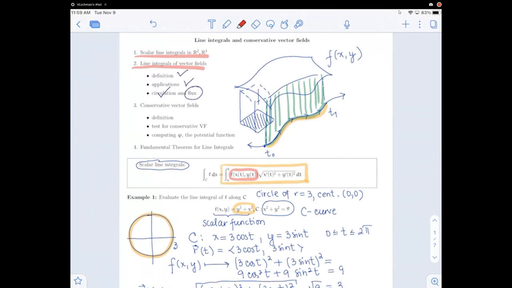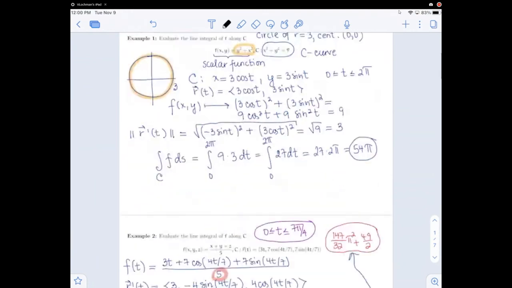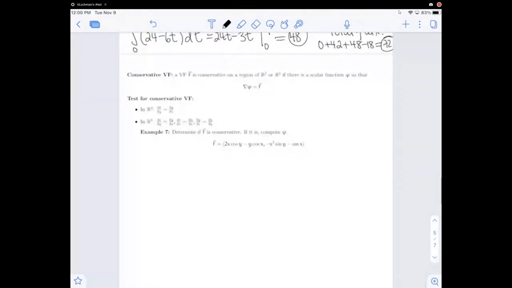So now we're going to talk about conservative vector fields, what they are, how we can determine if a field is conservative, and what's the connection between phi, the potential function, and how do we find it. And then if we have time, we're going to take a look at the fundamental theorem for line integrals. If we do run out of time, that's okay. I'll have a quick session then on Thursday. All right, let's see.